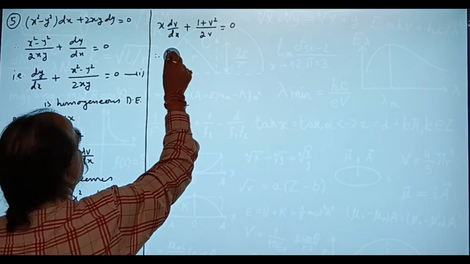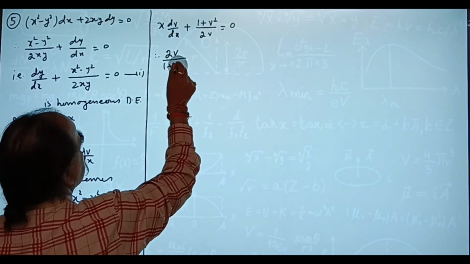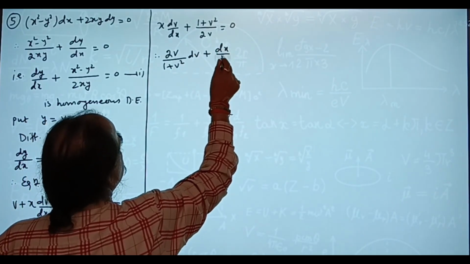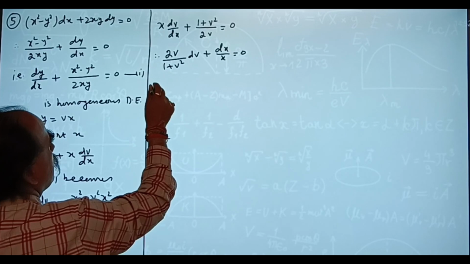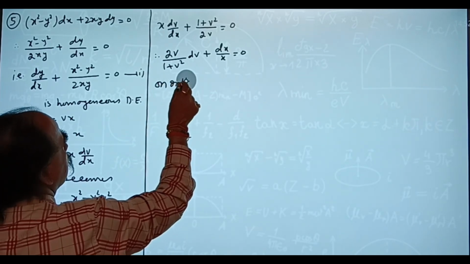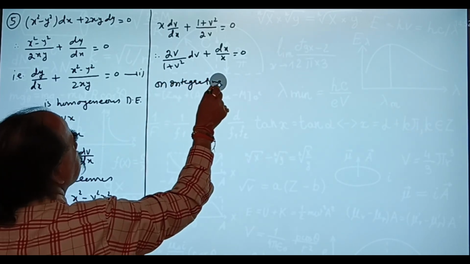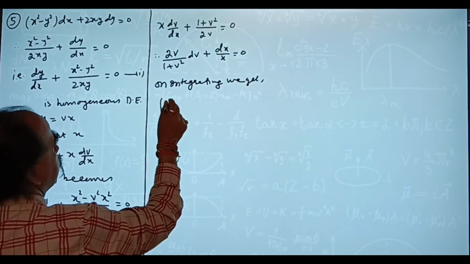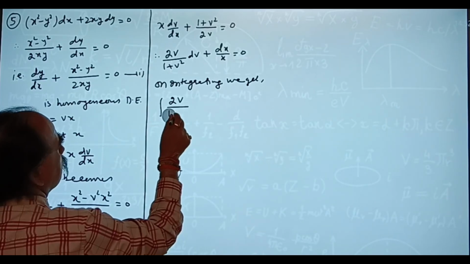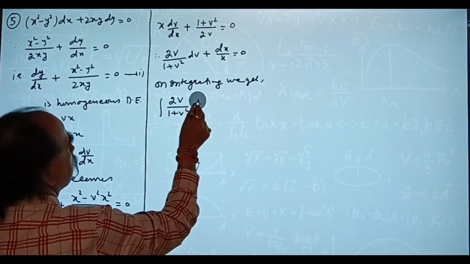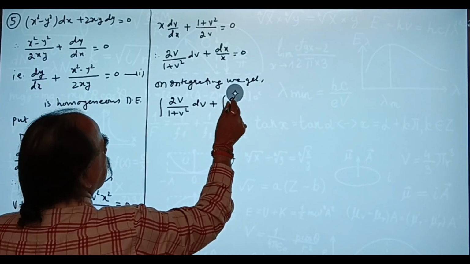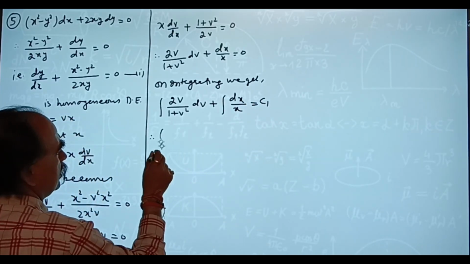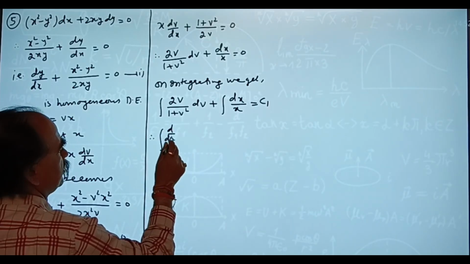Therefore, 2v upon 1 plus v square dv plus dx upon x is equal to 0. On integrating, we get integral 2v upon 1 plus v square dv plus integral dx upon x is equal to c1. Numerator is what? Derivative of denominator.